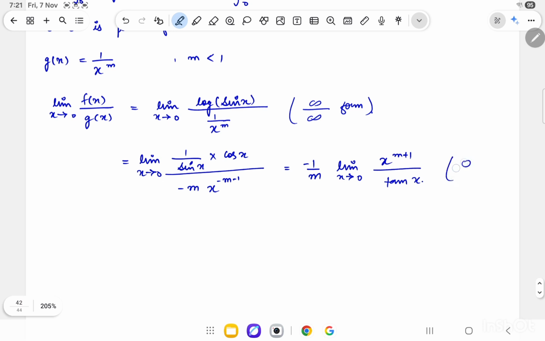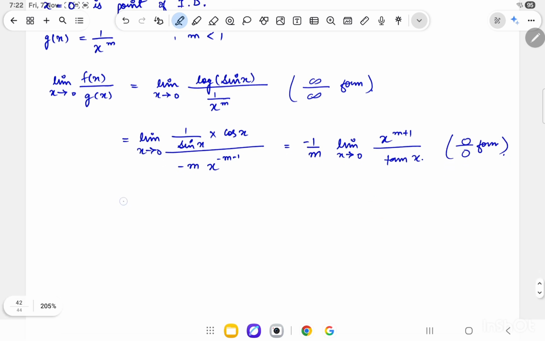Now again it is a 0 by 0 form. So if I evaluate the limit, it will be the limit as x approaches 0 of m plus 1 x raised m divided by sec square x.